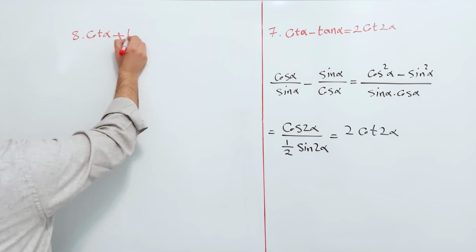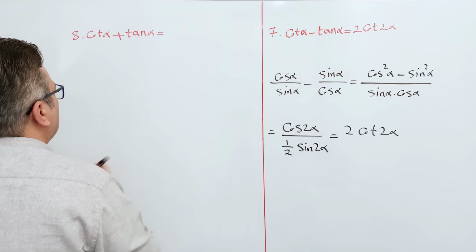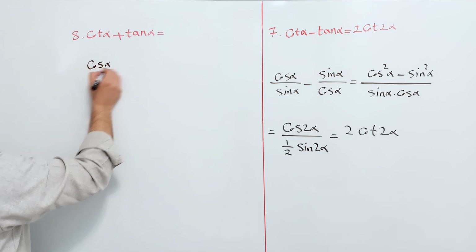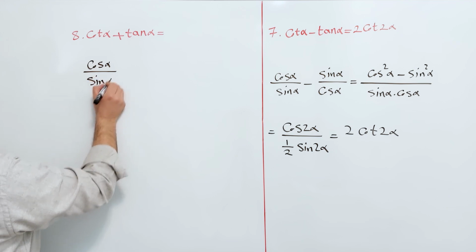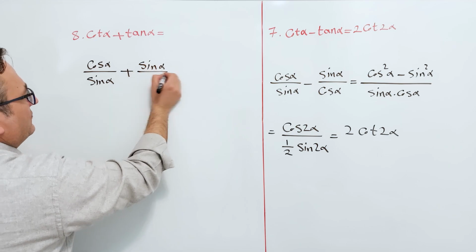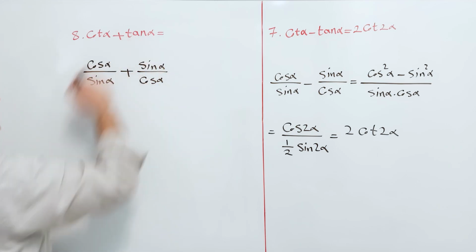Cotangent alpha plus tangent alpha is equal to... We know that cotangent alpha is equal to cosine alpha divided by sine alpha, plus tangent alpha, which is sine alpha divided by cosine alpha.